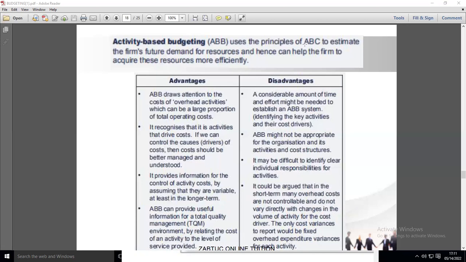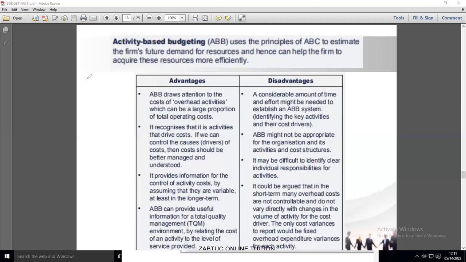ABB uses the principles of ABC to estimate the firm's future demand for resources, and hence can help the firm to acquire these resources more efficiently. So some of you may say, wait a minute, so ABB is a form of ABM. The answer is yes, you're right.